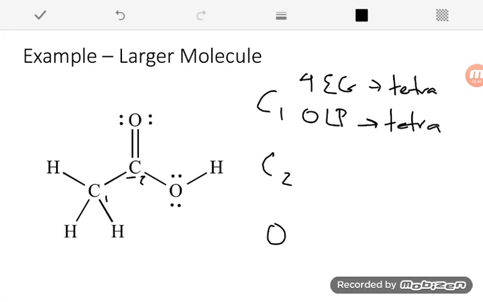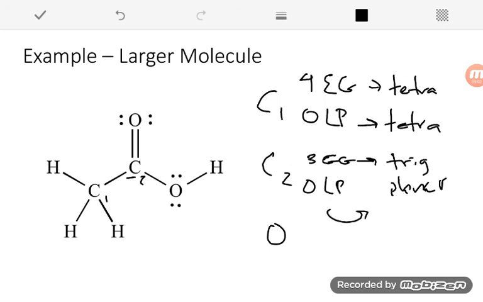C2 here. C2 has 3 electron groups. Oops, that's an E. And again, 0 lone pairs. So 3 electron groups. The electron geometry is trigonal planar. And because it has 0 lone pairs, the molecular geometry is also trigonal planar.